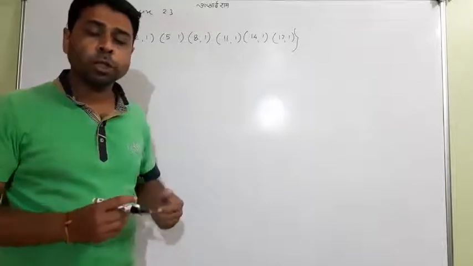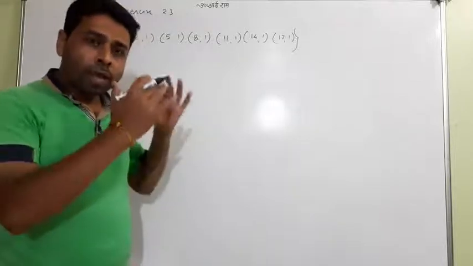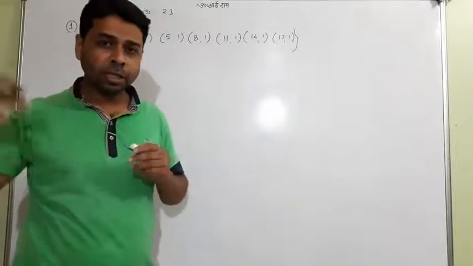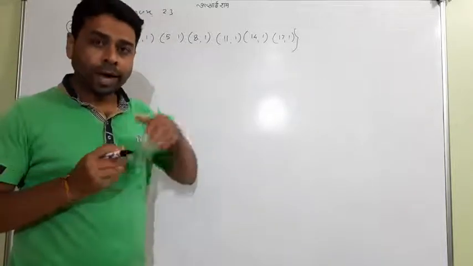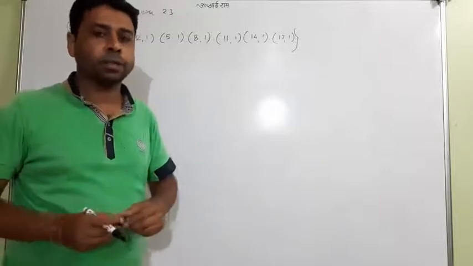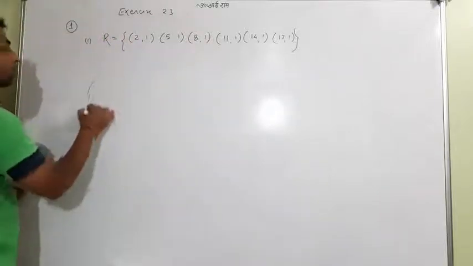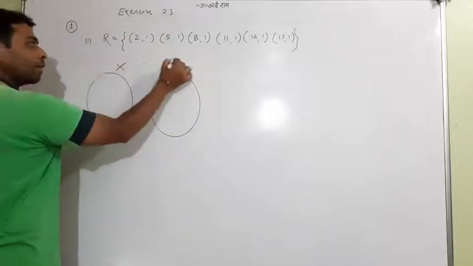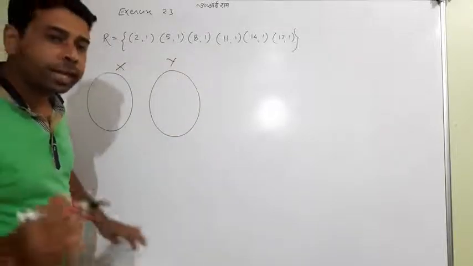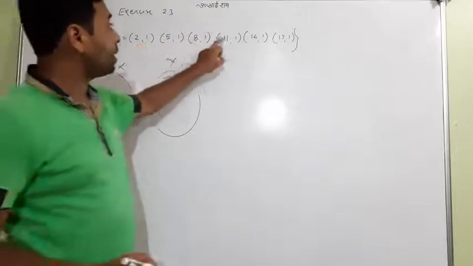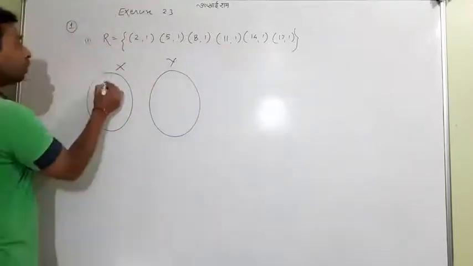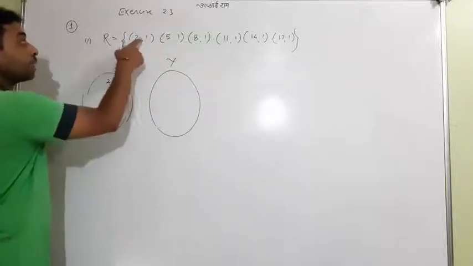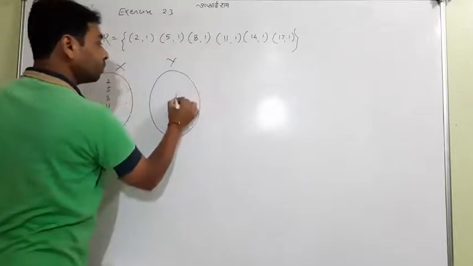And what is the property of a function? All the elements of the first set have a unique image in the second set, and every element must be engaged in the first set. If you're getting confused, suppose you have two sets X and Y. The first elements are 2, 5, 8, 11, 14, 17, and the second element is only 1.